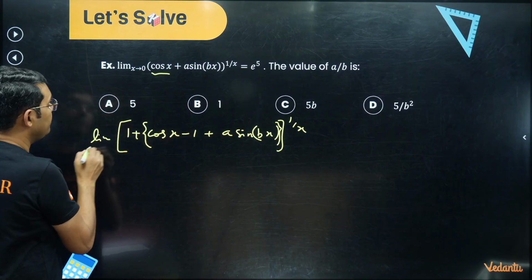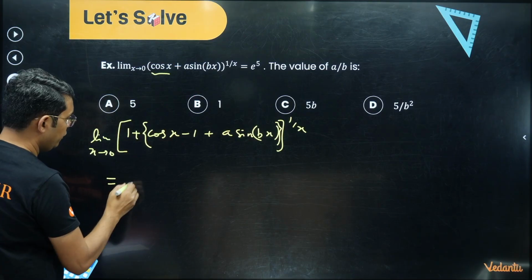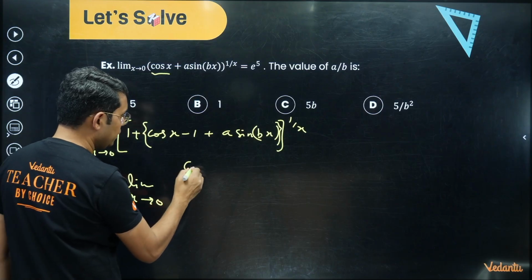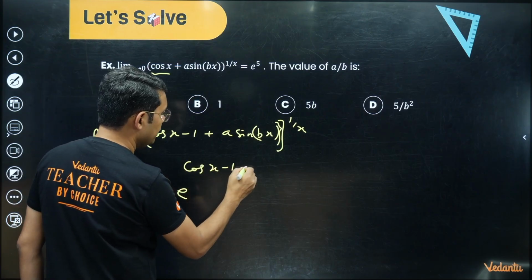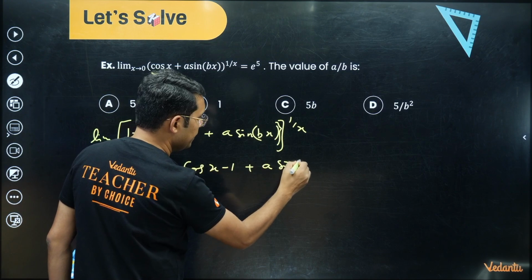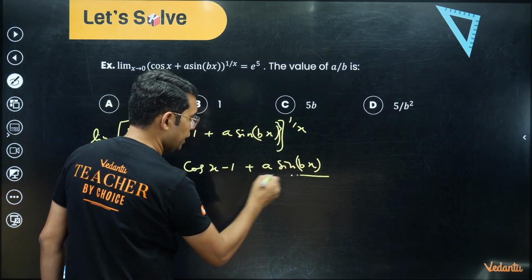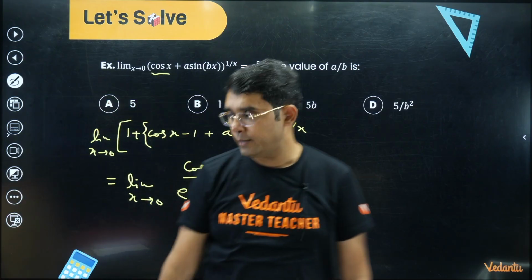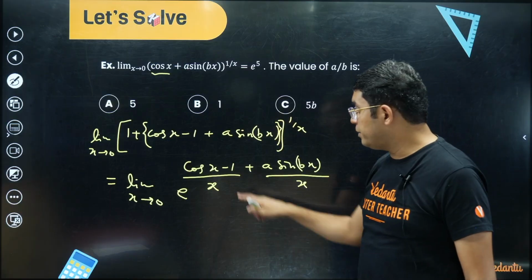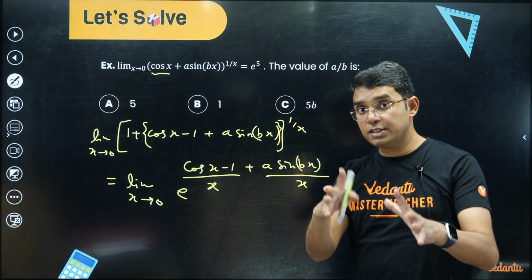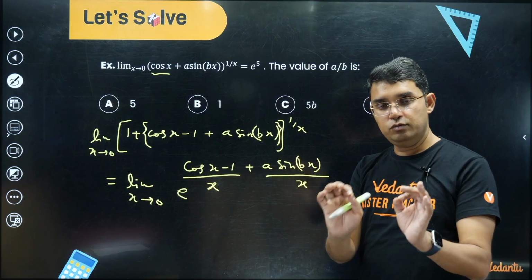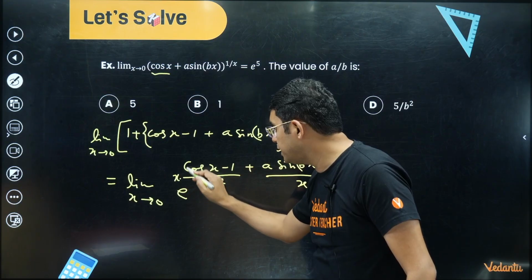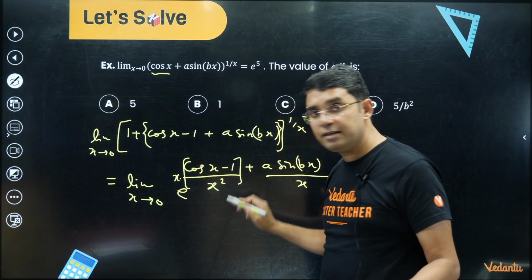So to find the limit of this function, we will write this as limit x tending to 0 e raised to the power cos x minus 1 plus a sin bx upon x, and I will write it in two parts. Now dear students, if you remember, 1 minus cos x upon x square was half. So for this part, if I write x square here and x here, this will be minus half.